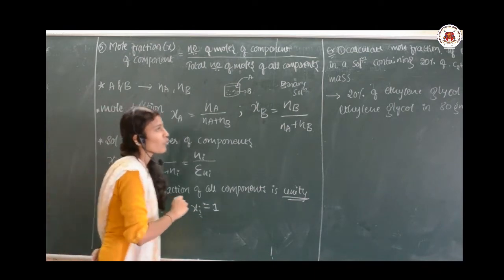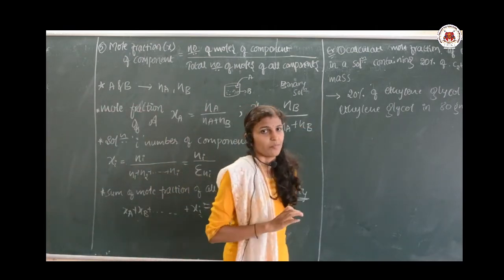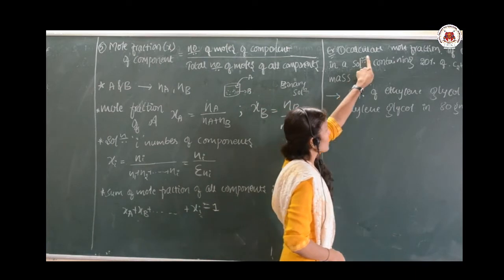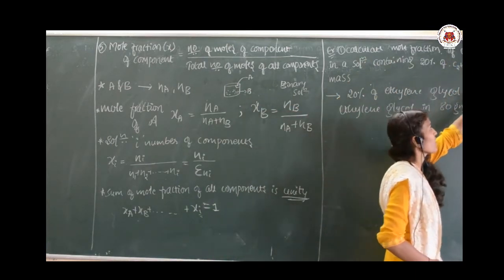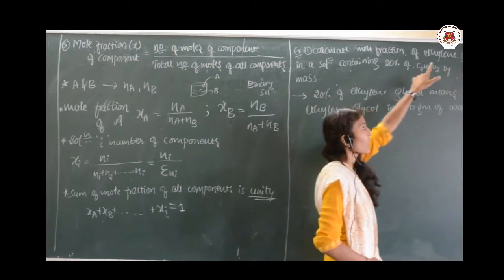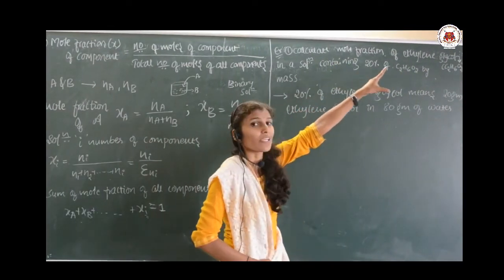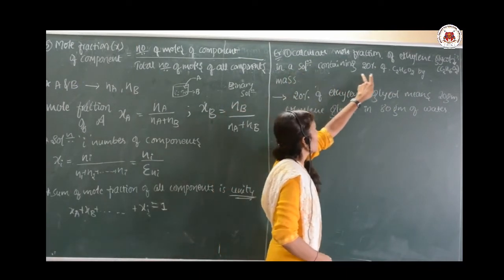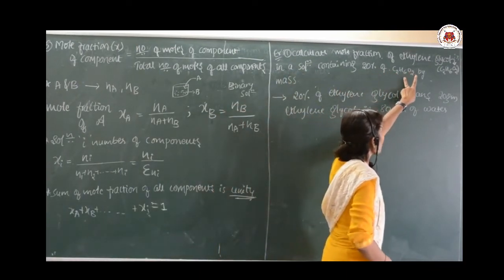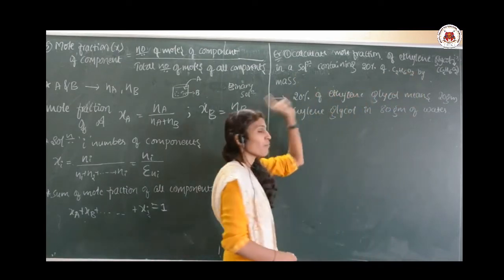Now let us go for one example. See here, calculate the mole fraction of ethylene glycol, whose formula is C2H6O2, in a solution containing 20% of ethylene glycol by mass.